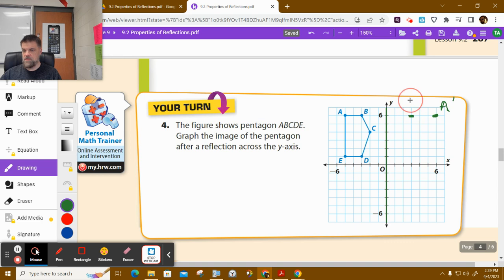That's my B prime. C is 1, 2, so I'm going to go 2 here. That's C prime. D is 1, 2, 3, so I'm going to go 1, 2, 3. That's D prime. Then E is 1, 2, 3, 4, 5. So 1, 2, 3, 4, 5.